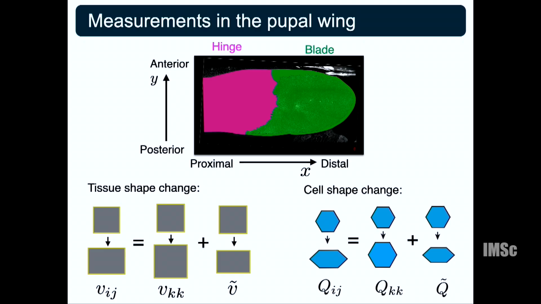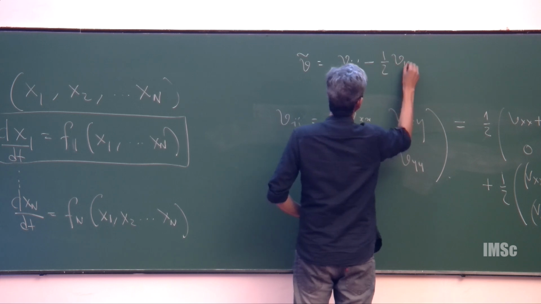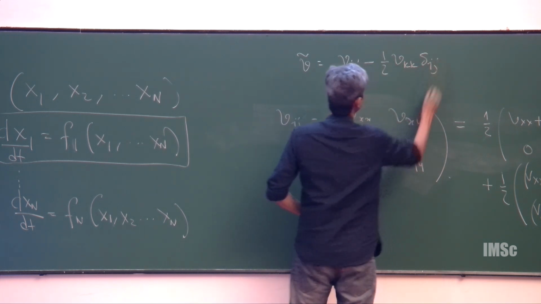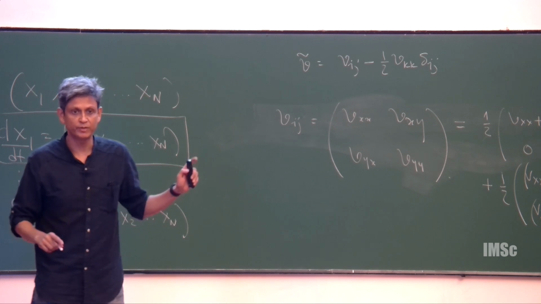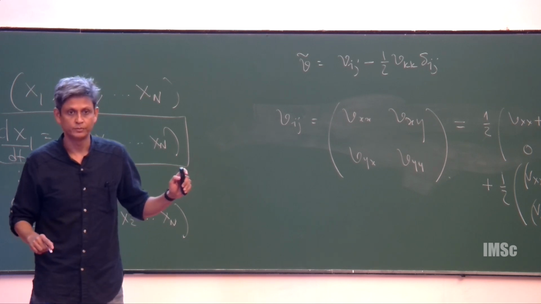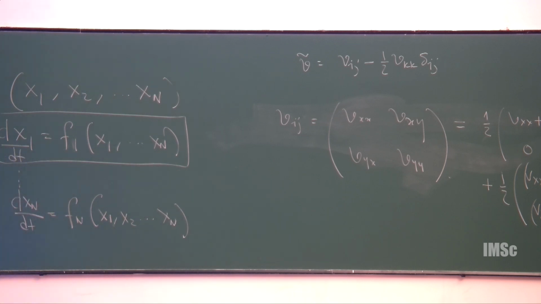So Q tilde is simply, if you are writing in tensorial notation, V tilde is basically... In case this is what you are asking. Maybe I'll ask later. Okay.